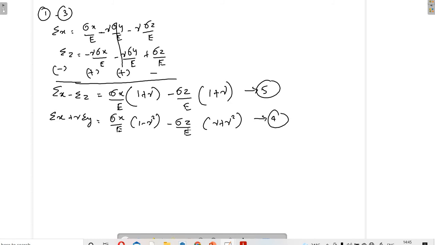So compare this. If you multiply the equation 5 with nu, you will get this term. So I am going to multiply the equation 5 with the value of nu.